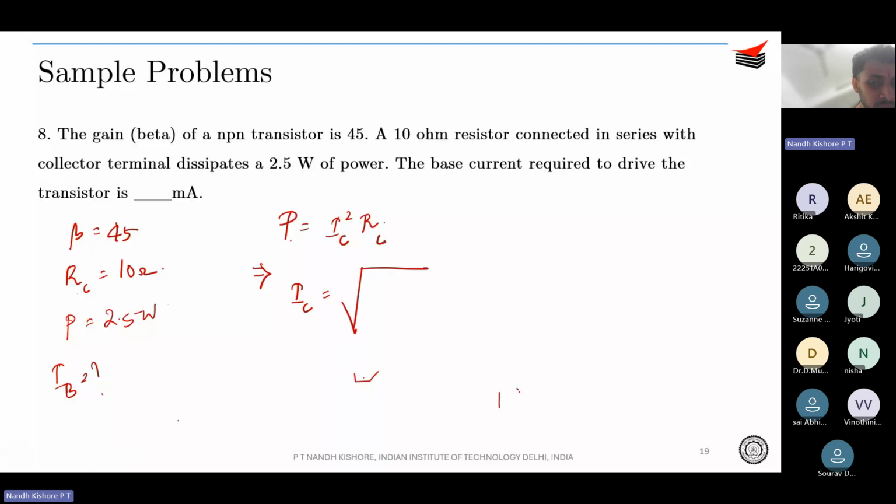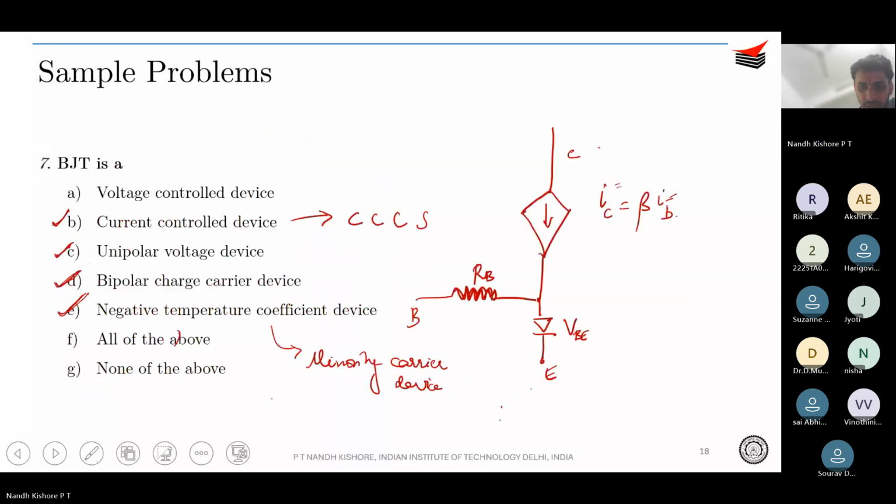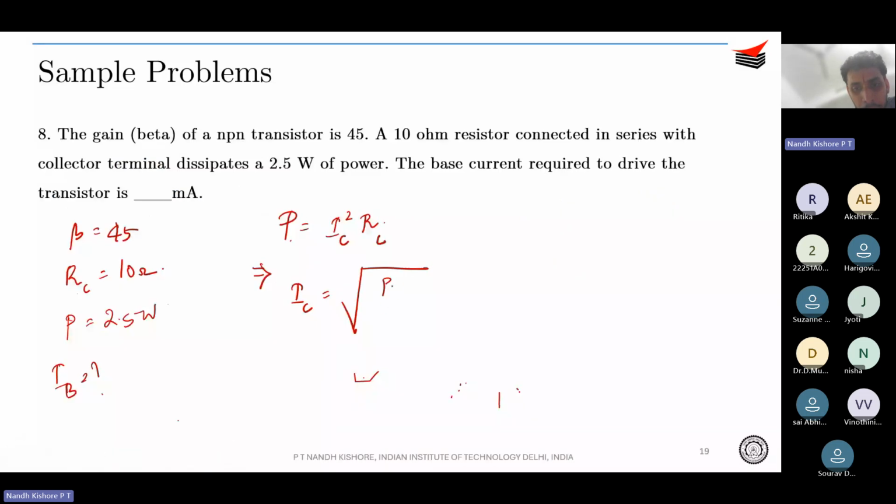IC is going to be root over P by RC, right? So this is going to be root over 2.5 divided by 10 or root over 0.25, or IC is going to be 0.5 amps. Okay, so this is your IC.